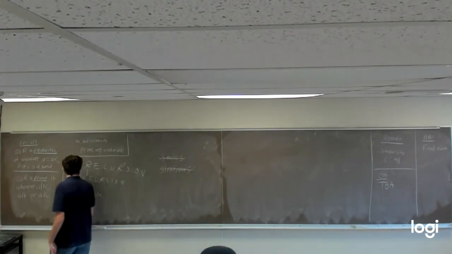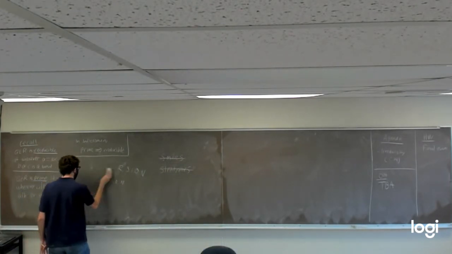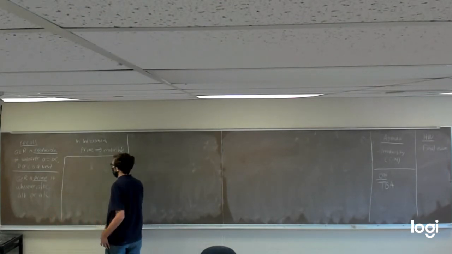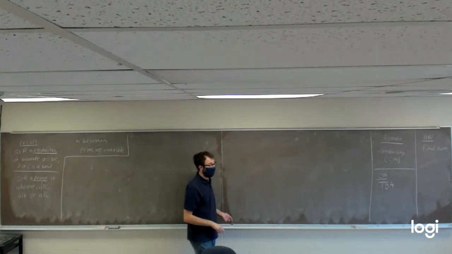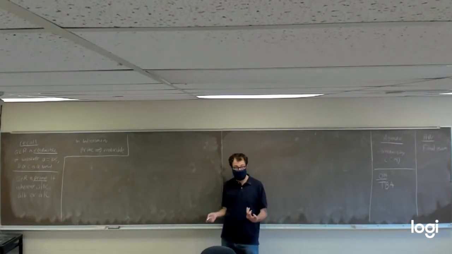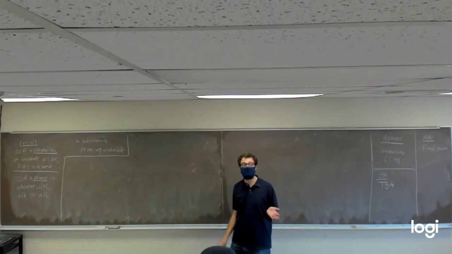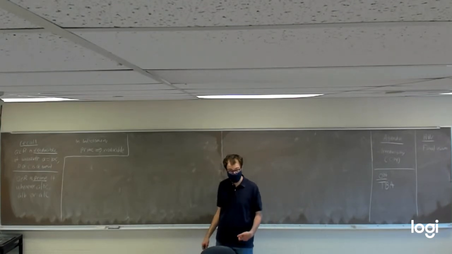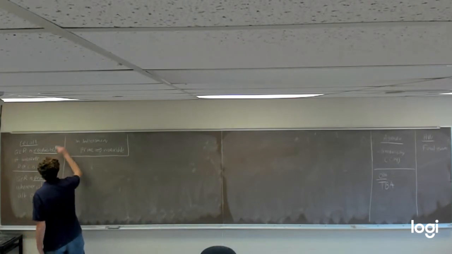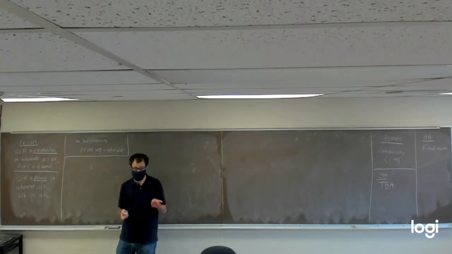Anyways, let's pick things back up where we left them off last time. Last class, we talked about what PIDs are, principal ideal domains, which are integral domains where every ideal can be generated by a single element. We also talked about the difference between prime elements and irreducible elements in a ring.